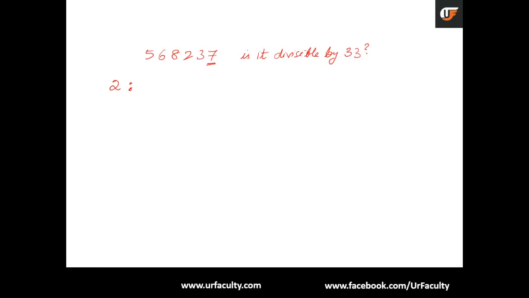The last digit of the number would be one of these: 0, 2, 4, 6, 8. In short, if the last digit is even, then whatever be the size of that number, it is divisible by 2. Okay, so I think that was an easy one.